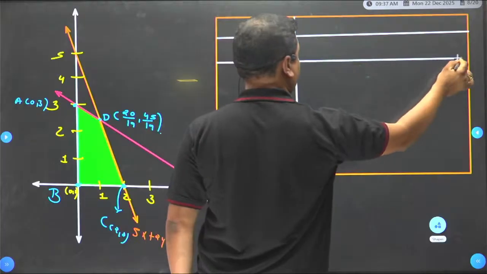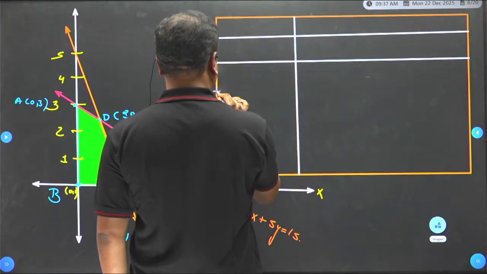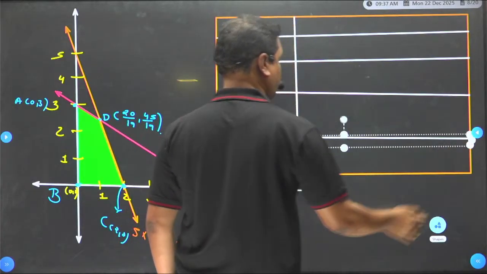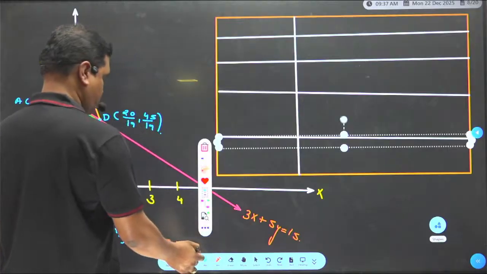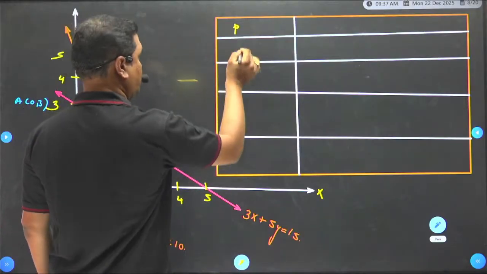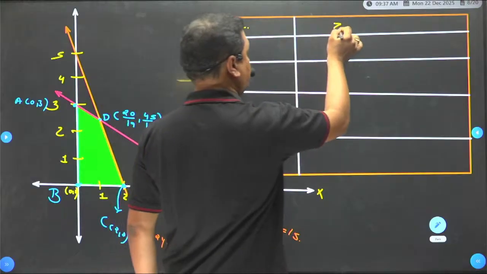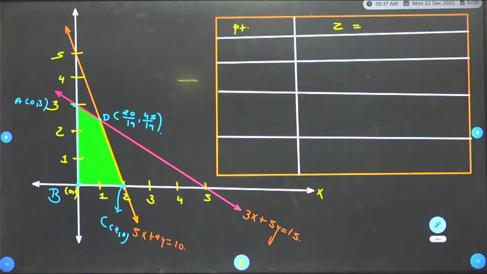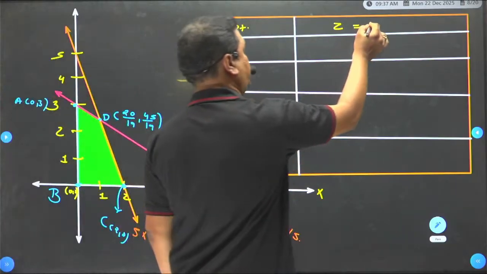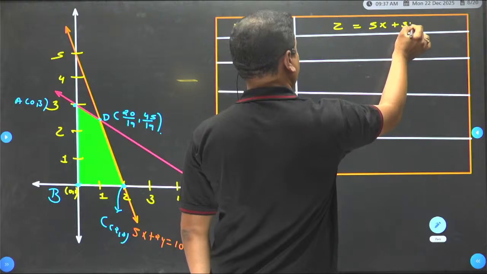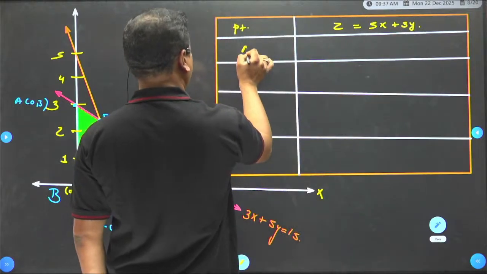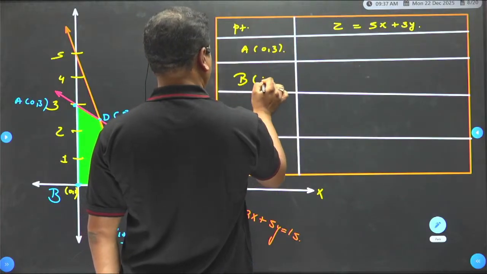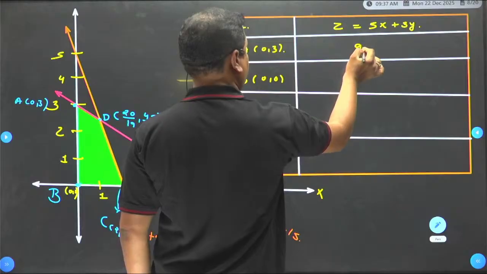Draw the graph. Corner points are 4. What is that? 5x plus 3y. Now points are A 0, 3. Point B 0, 0. First answer is 9.